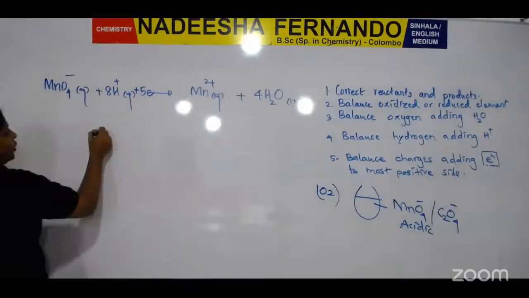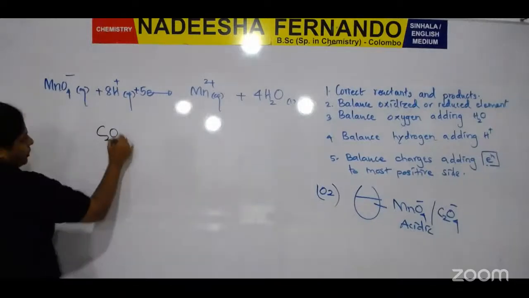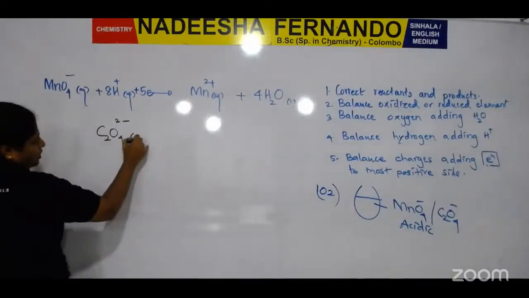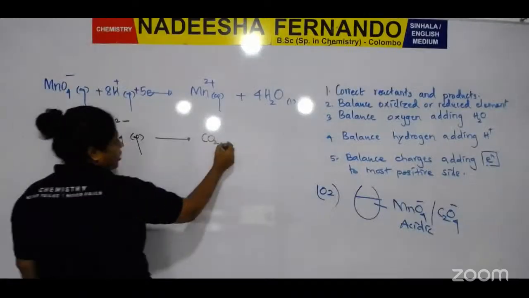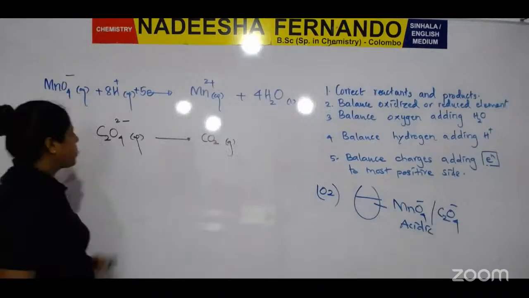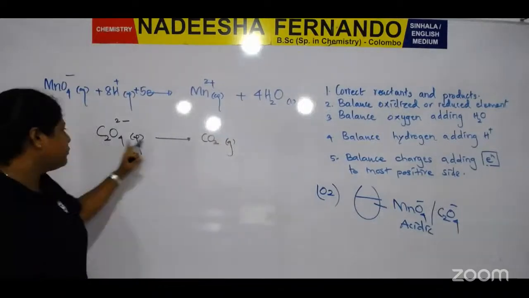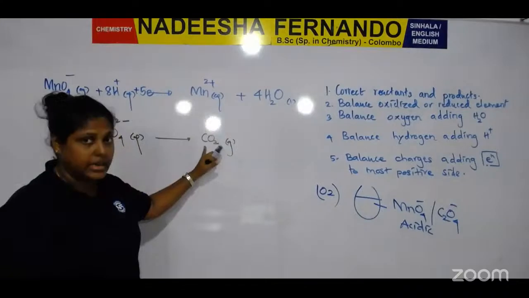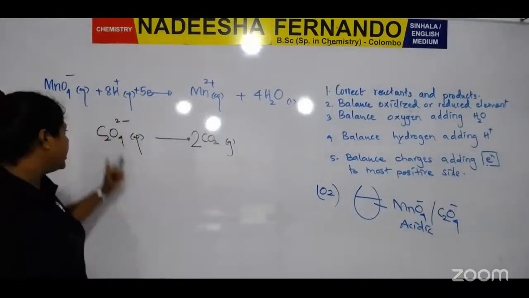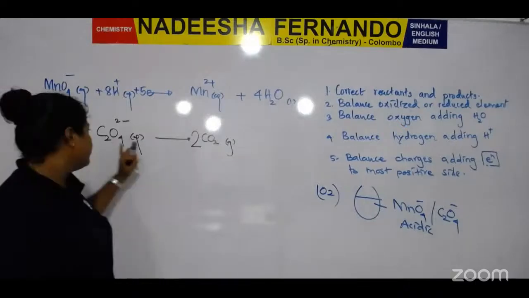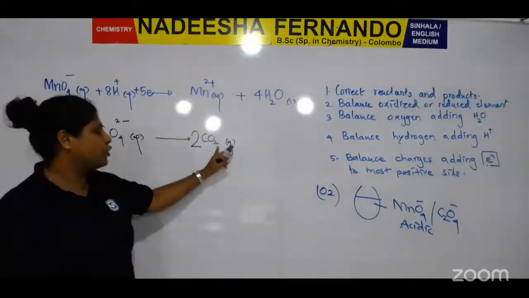Then C2O4 2 minus. What happened to C2O4 2 minus? It formed CO2. CO2 is gas, carbon dioxide. Here 2 carbon. Therefore, to get the same number of carbon here, multiply this by 2. Then 2 carbon, 2 carbon. 4 oxygen, 2 into 2, 4.